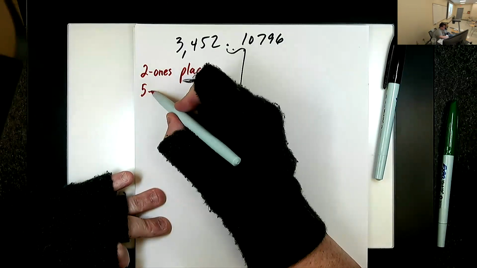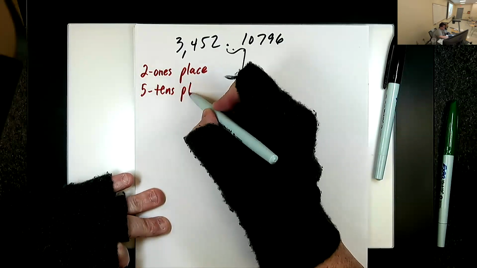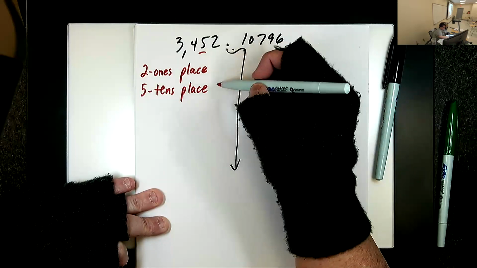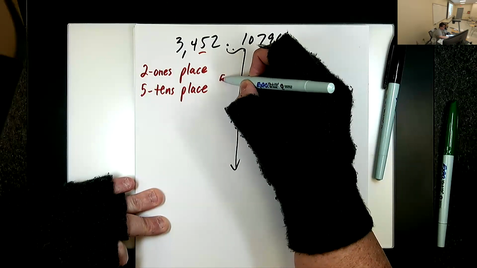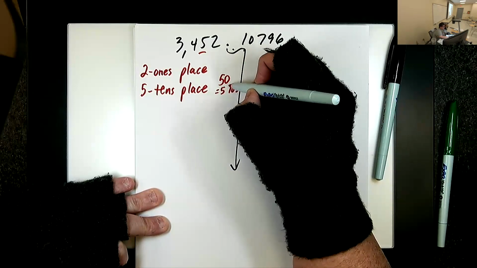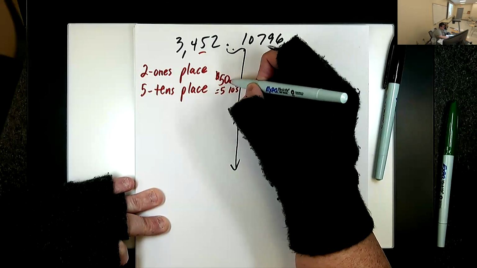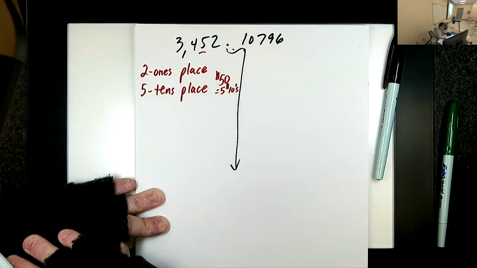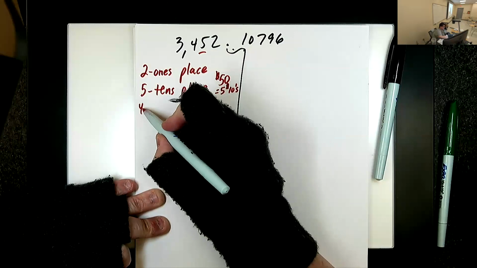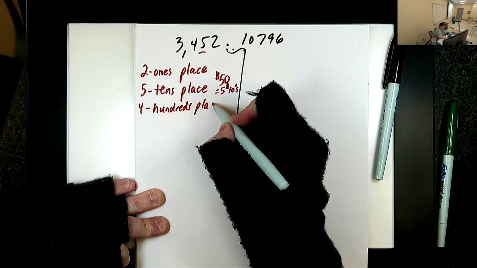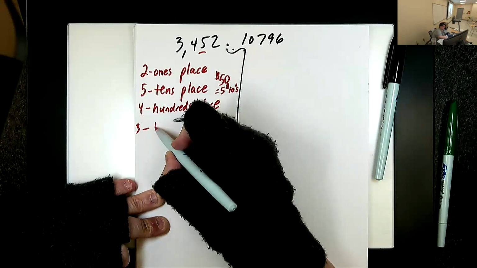The 5 is in the tens place. Another way of thinking about it is 50 is the same thing as 5 tens. If you think about $50 and 5 $10 bills, you'll see that's right. So it's 5 tens. The 4 is in the hundreds place. And the 3 is in the thousands.